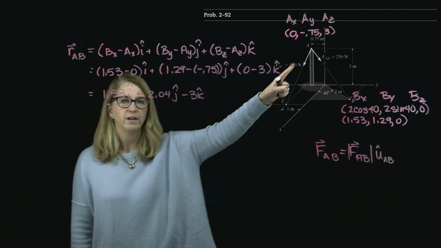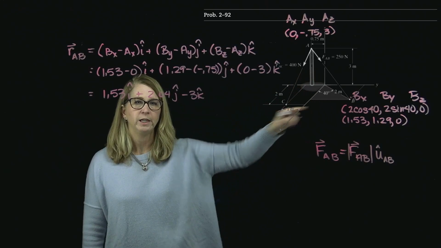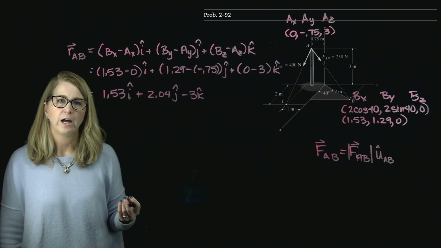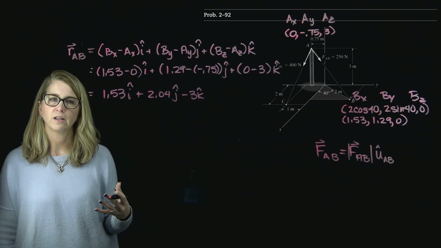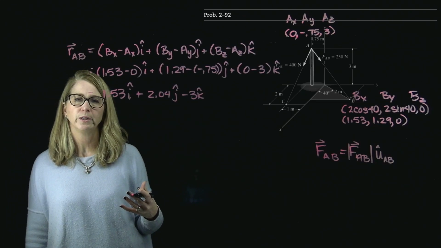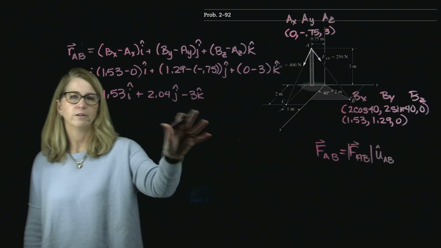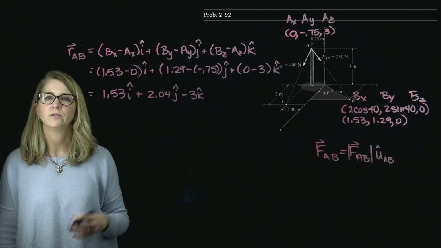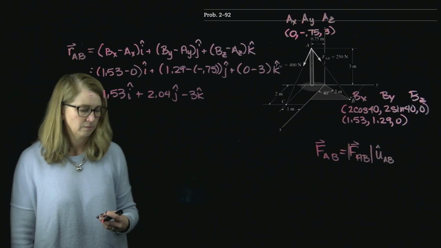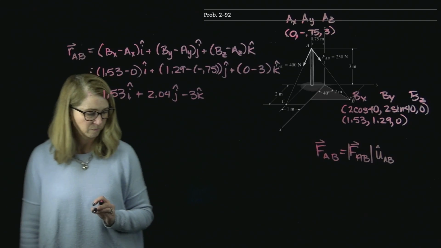If I think about that vector that goes from A to B, if I think about how it's going to be pointing, I definitely think it has a positive x component, it has a negative z component, it has a positive y component. All this really tracks with my results, so I know that I did it right, unless I made a math mistake.